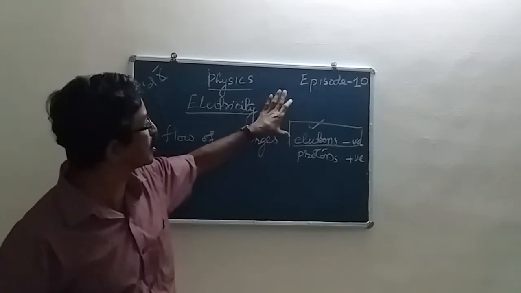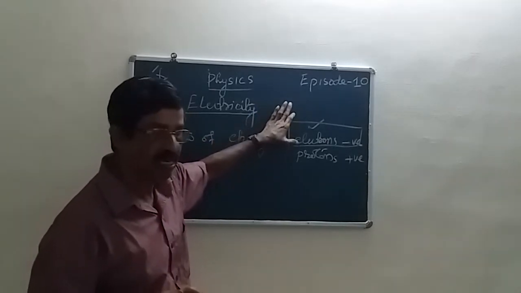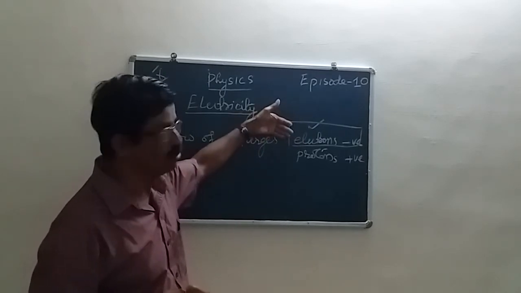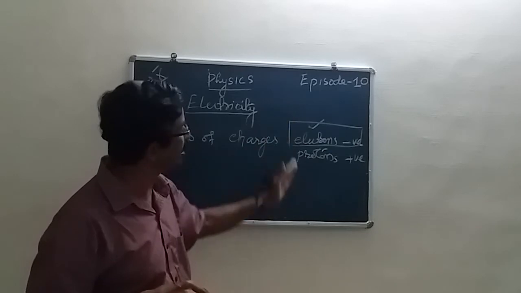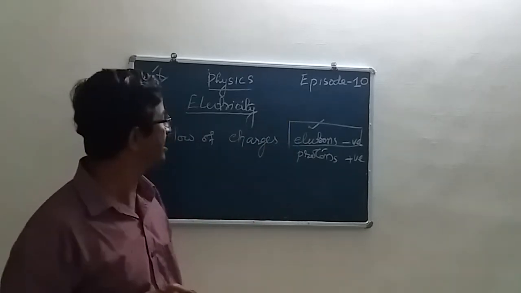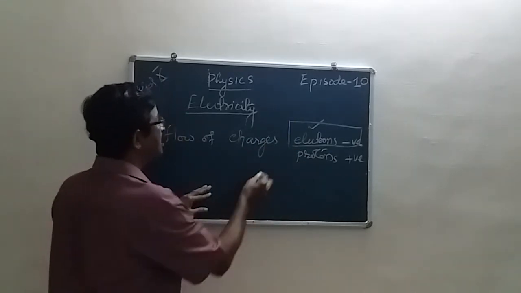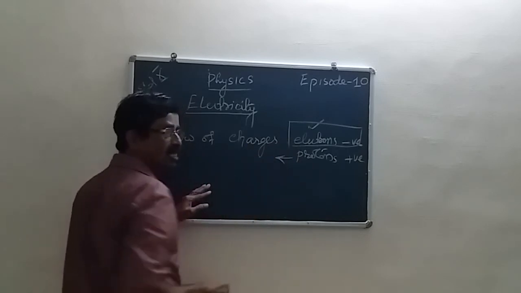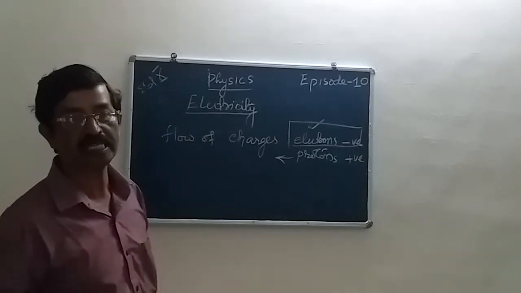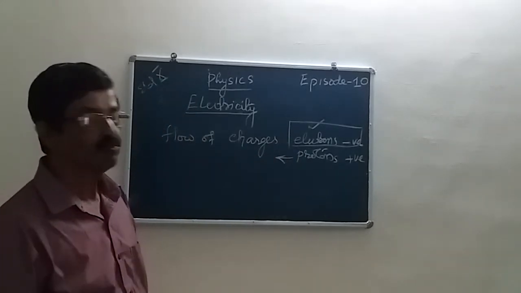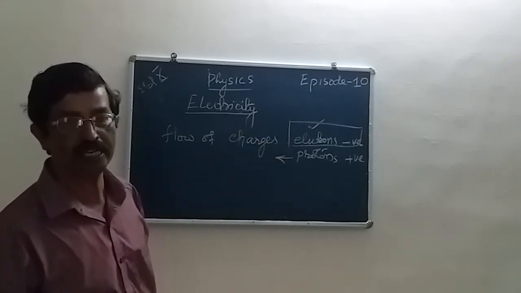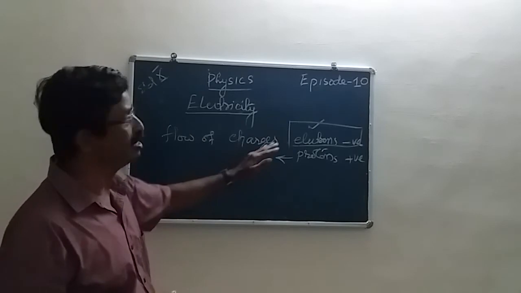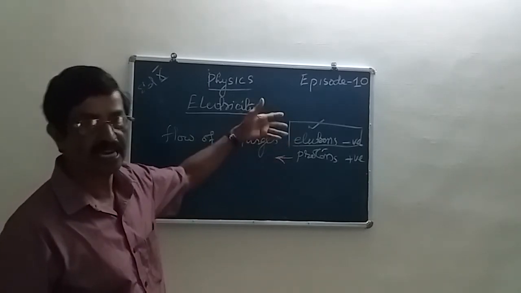Actually, electric current is due to the flow of electrons, but they did not know about these particles, so they considered the flow of positive charge as constituting electric current.